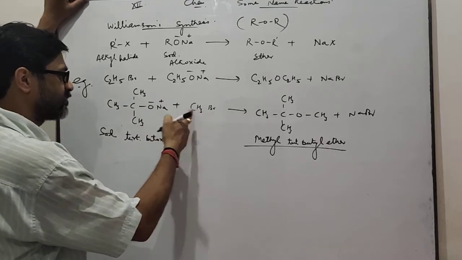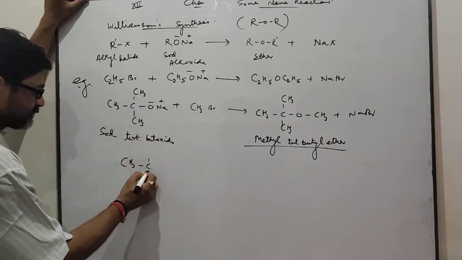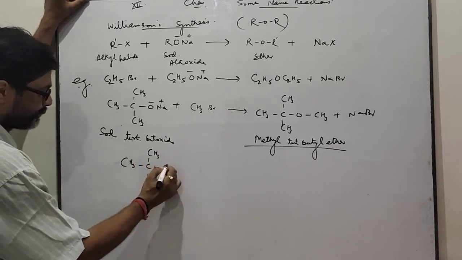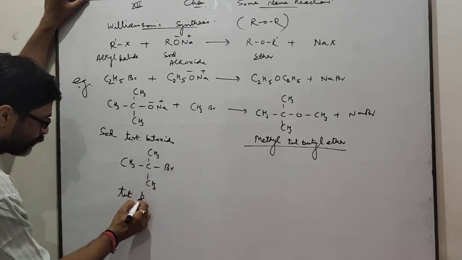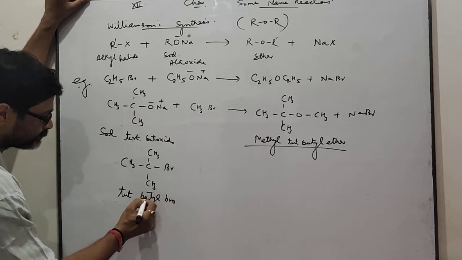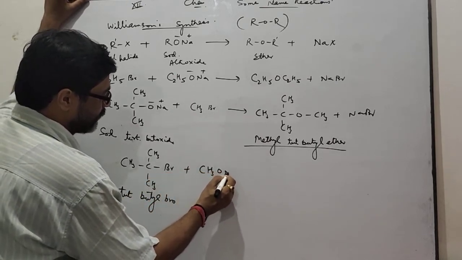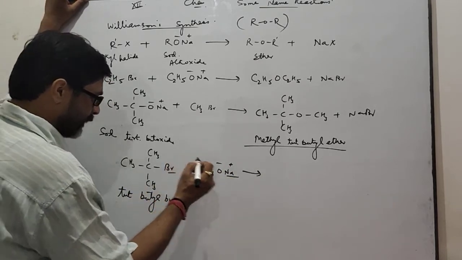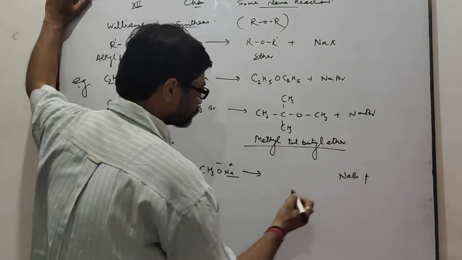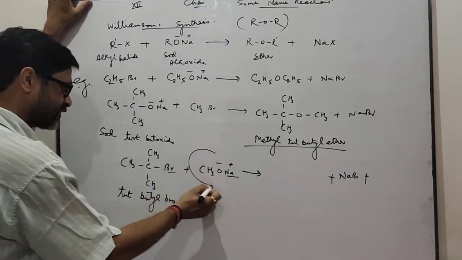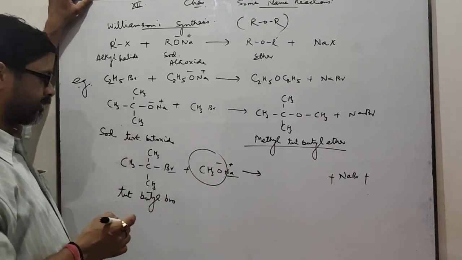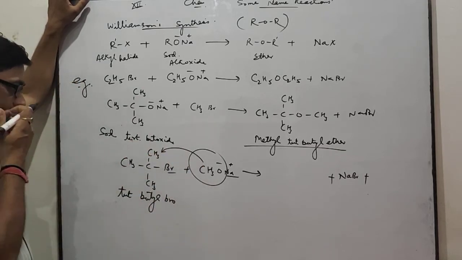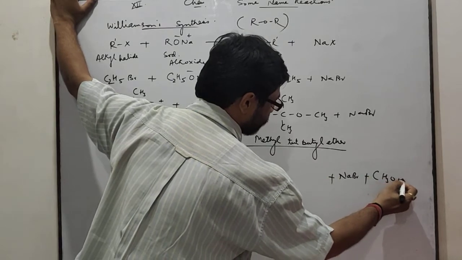If we use tertiary alkyl halide in place of this, like this one, Br, this one is tertiary butyl bromide, with CH3ONa, the alkoxide is primary, then Na and Br combine to form NaBr, and this CH3O minus acts as a strong nucleophile and removes hydrogen from one of the carbons and forms alcohol, CH3OH.